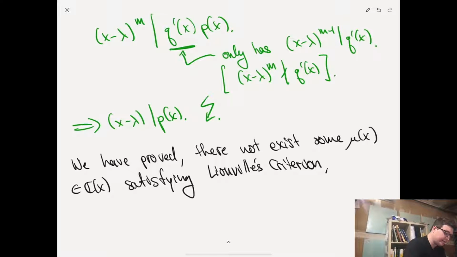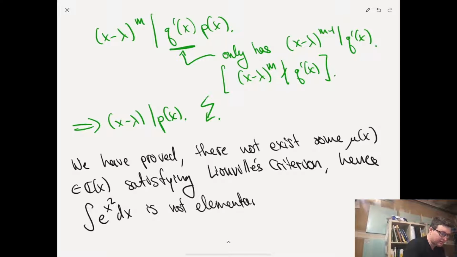All right, hence this thing here, the integral of e to the x squared dx, is not elementary. All right, so this is a genuine new function, right? That isn't one of the Calc 2 functions.